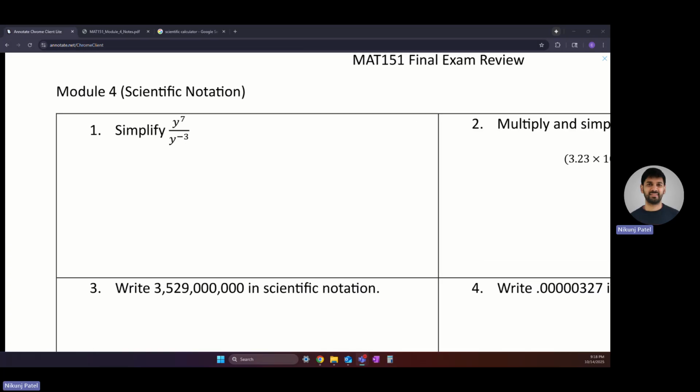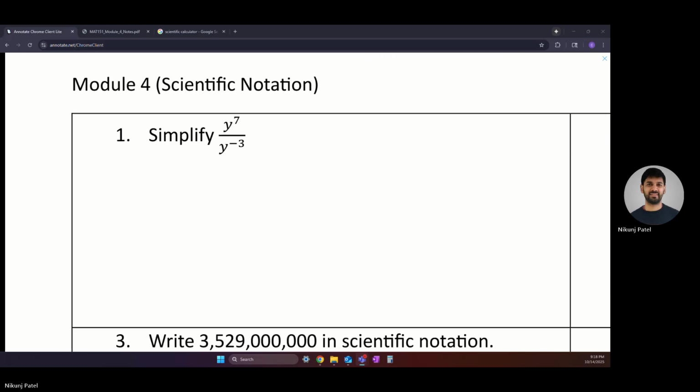The first topic in Module 4 was dealing with when we multiply or divide anything that has exponents in it. In this first example, we've got a fraction, y to the power of 7 divided by y to the power of -3. During Module 4, we talked about 2 rules.